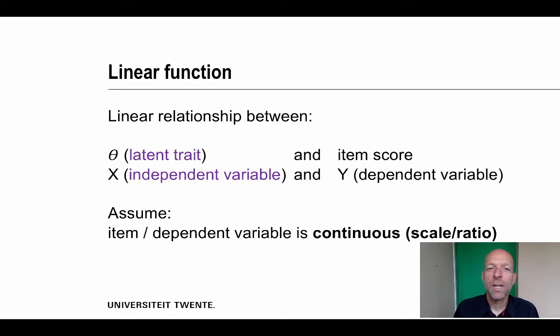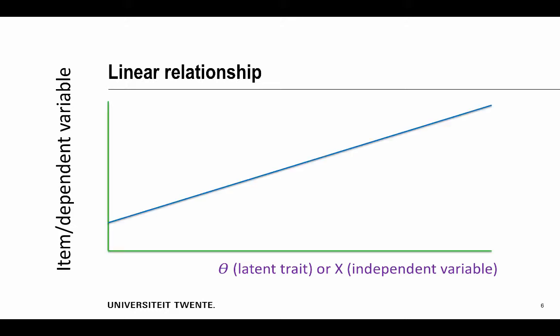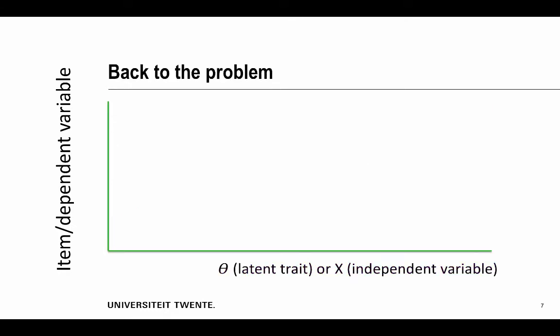So for the time being, let's assume that the item or the dependent variable is continuous, so a scale or a ratio variable. Then the linear relationship looks like this. There is an independent variable, or the item, a latent trait, or the independent variable, is the x variable, and we try to find a relationship like this, where b0 is the constant and b1 is the slope.